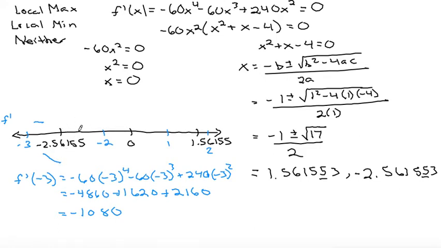So now we need to figure out what happens between -2.56155 and 0. So plugging in -2 into my derivative, I get f prime of -2 is equal to -60 times -2 to the power of 4 minus 60 times -2 to the power of 3 plus 240 times -2 to the power of 2.